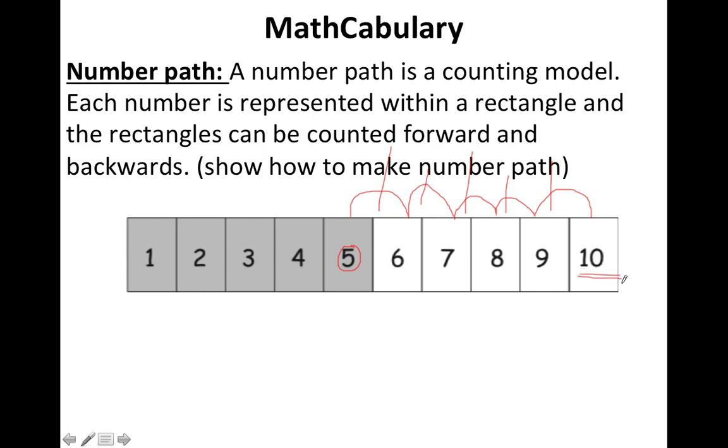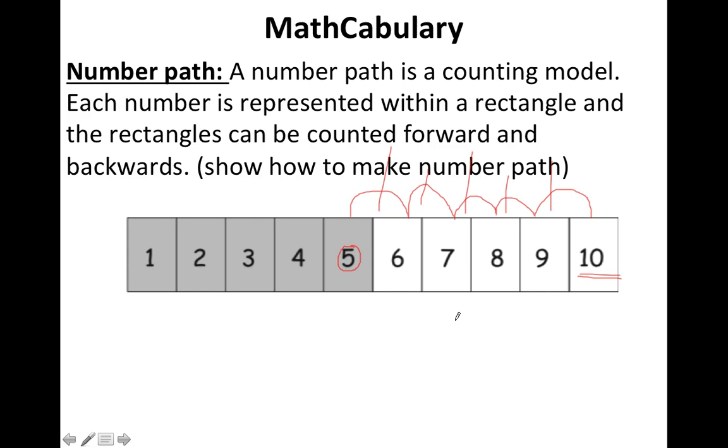In our math stories using number path, it's going to tell you where the number starts and how many jumps you have to make. What the story will not tell you is the answer, and you have to figure it out based on how many jumps. Forward, we use the word forward in terms of addition.